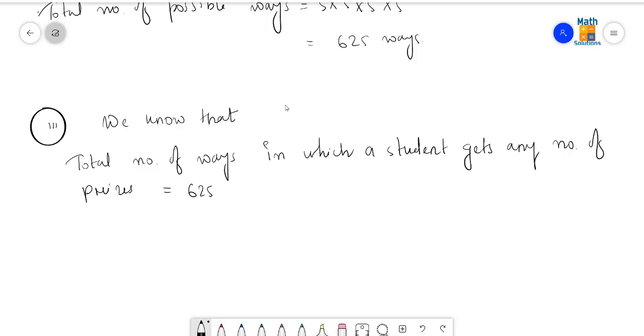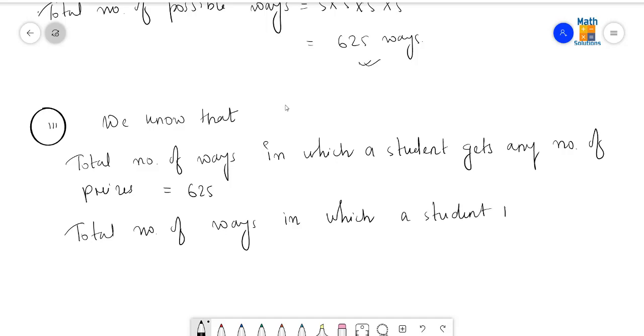This is the value which we have derived just now. Then the next one is what? Total number of ways in which a student receives all the prizes.